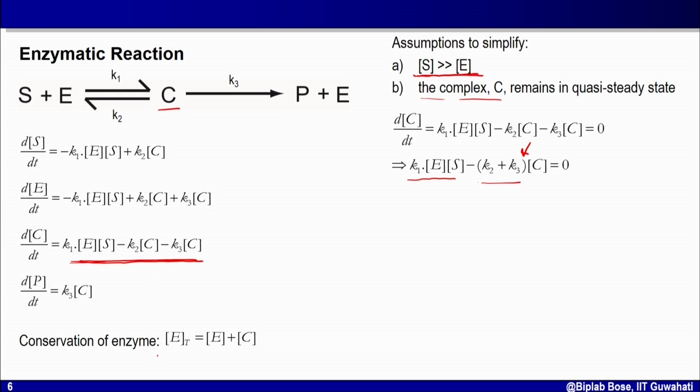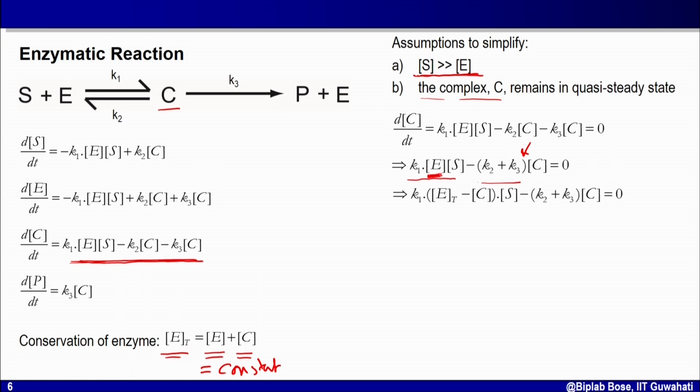So I can consider that the total enzyme ET remains conserved with time, and that is equal to free enzyme plus enzyme in the complex. If I consider 1:1 stoichiometry, then the concentration of the complex is equivalent to the concentration of the enzyme sequestered in it, and this whole thing is equal to a constant. So with time, ET is not changing. So I can replace this E in my algebraic relation using ET minus C. That's what I will do.